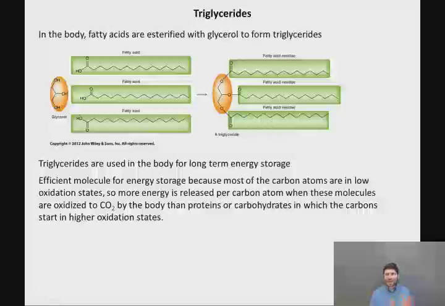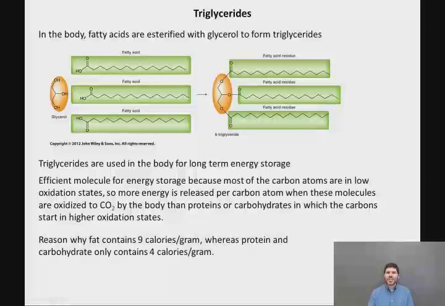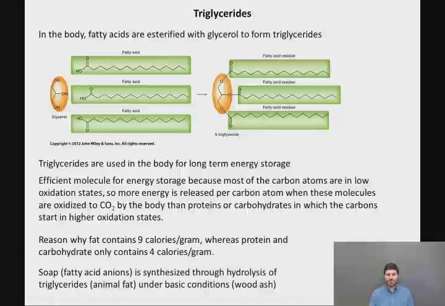And that's because the oxidation state of the carbon in either proteins or carbohydrates is generally higher. So you get less of an energetic payoff when you oxidize more highly oxidized starting materials all the way up to carbon dioxide. So that's actually the reason why fat contains 9 calories per gram, whereas protein and carbohydrate only contain 4 calories per gram.